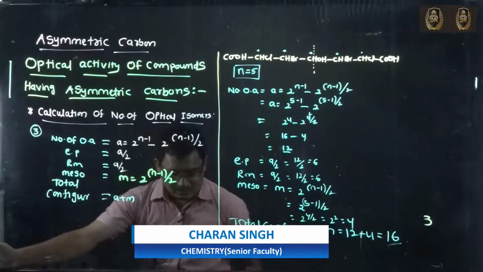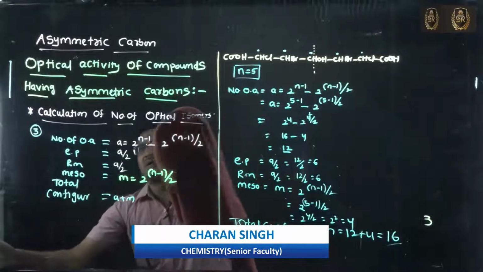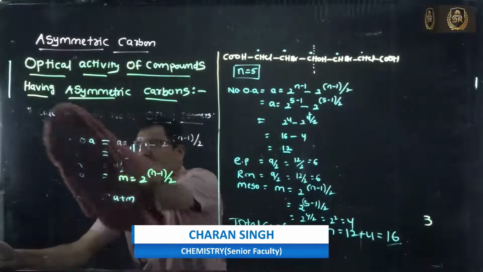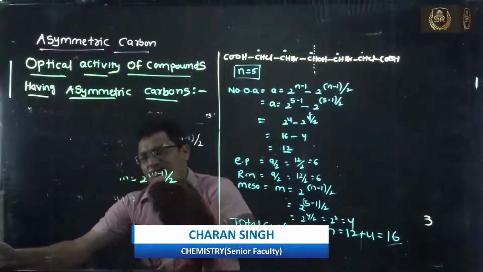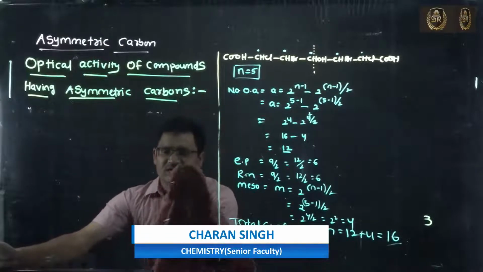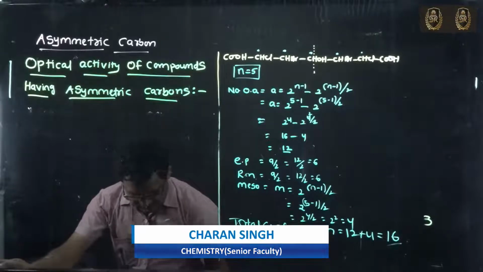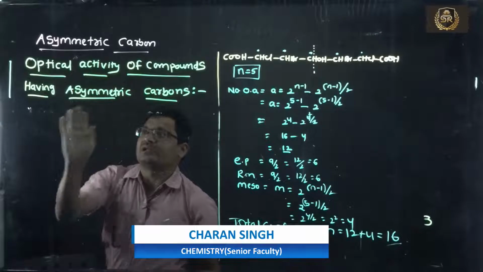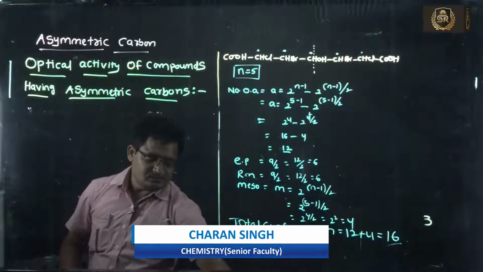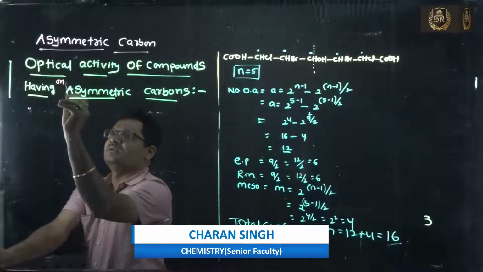Next one, optical active compound containing one asymmetric carbon. How to do that? Very interesting concept. After one asymmetric carbon comes an optical active compound having two asymmetric carbons, and how do we do those calculations?